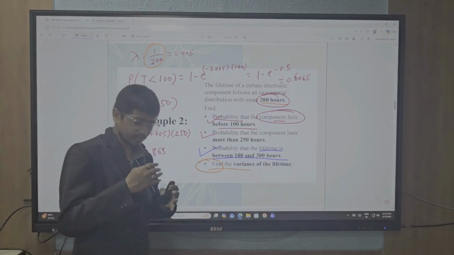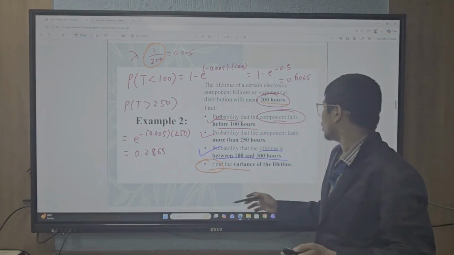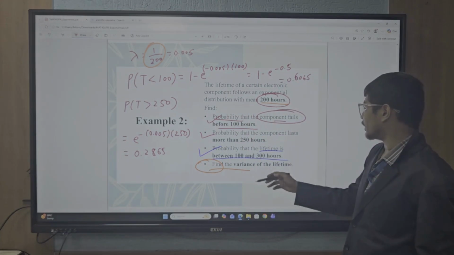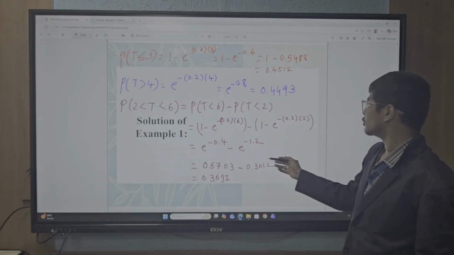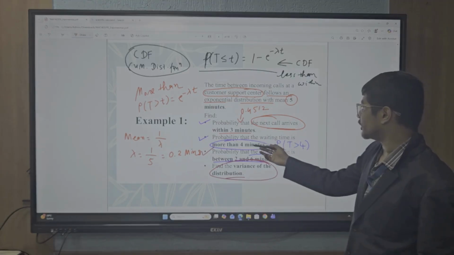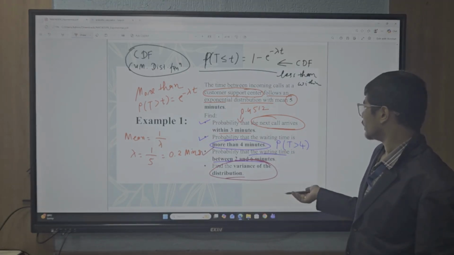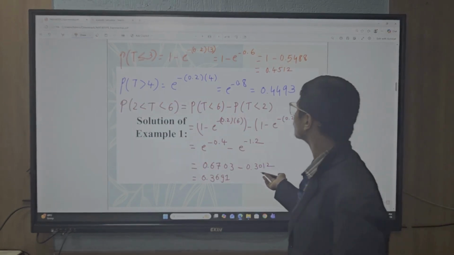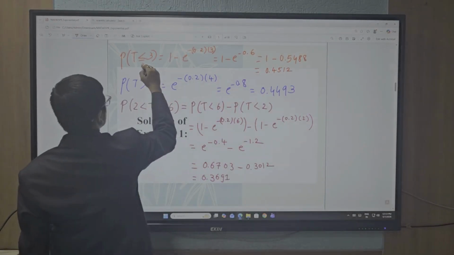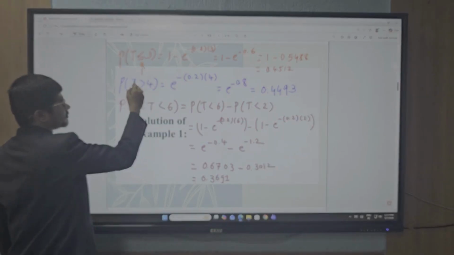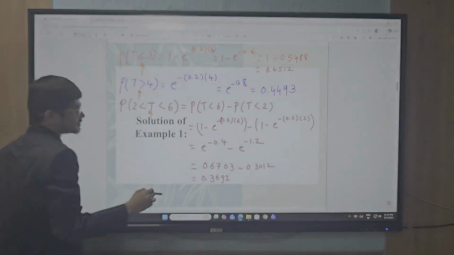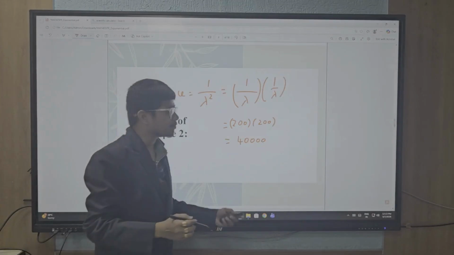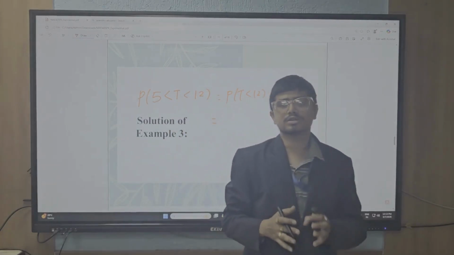We saw all the components like within, more than, between. Within means less than or equal to, more than means greater than, between means this and this. So every component we showed in this session.